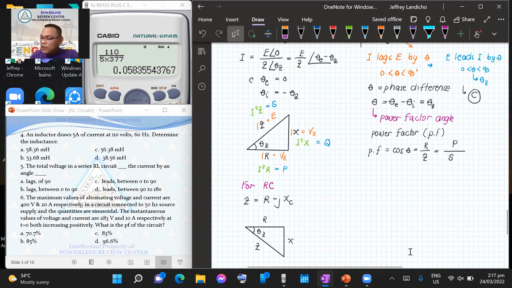Kaya kapag kinuha mo by Ohm's law, so tataas naman yung ating current. Kaya for resistance and capacitor, ito naman ang relation. Your current leads voltage by theta.